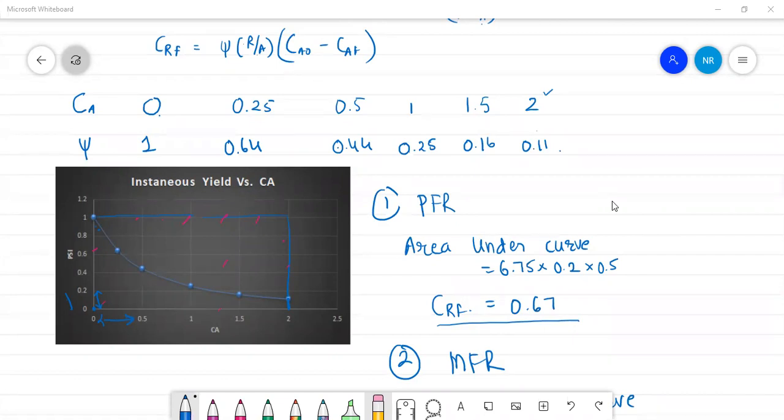Now anything from your side, you can write in the chat box. You can also unmute yourself and ask me a question. And for midterm 1, your syllabus is from the performance equation of batch reactor up to this one, instantaneous and fractional yield. I will not ask much regarding instantaneous and fractional yield.